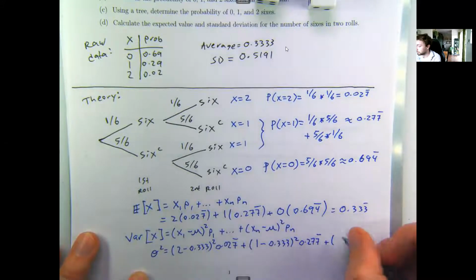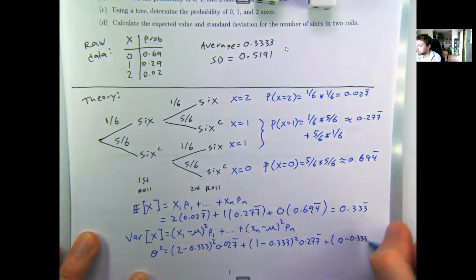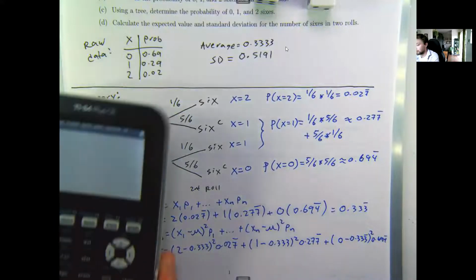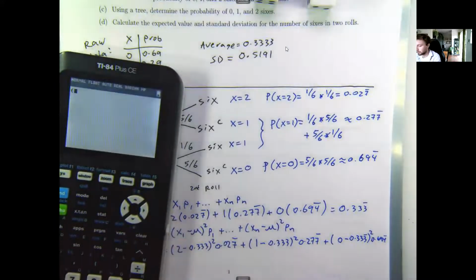Finally, I had 0, 0.333, and the probability for this was that 0.6944 number. You can type this in using decimals or fractions. I'm going to type this in just how it looks.